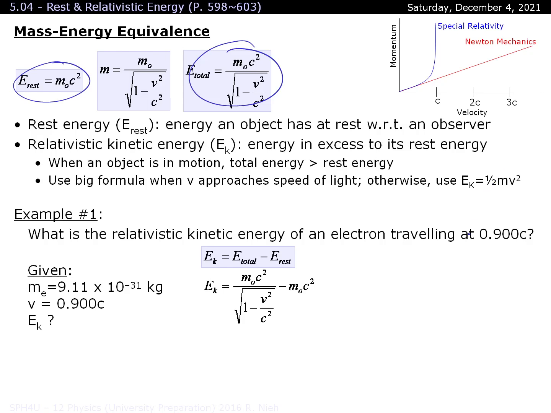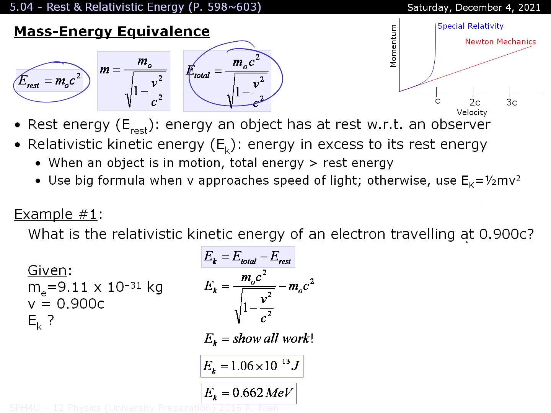We then sub in all the values, calculate it all away, and eventually we'll get to a number. You can measure it in joules or in mega electron volts. Electrons require a ton of energy to move them that fast, keeping in mind that one electron only possesses 1.602 times 10 to the negative 19 joules of energy. So when you travel really fast, you can see how the numbers just get out of control.